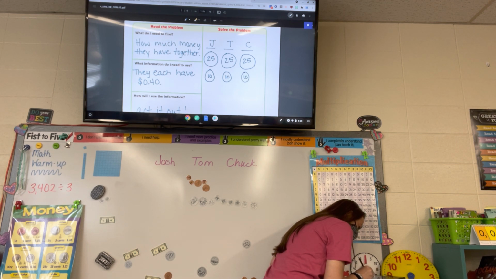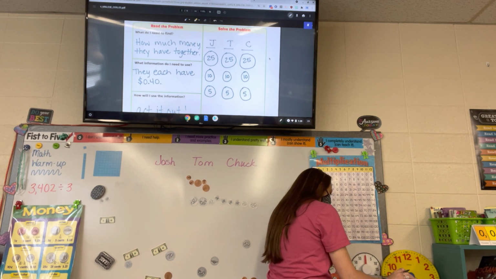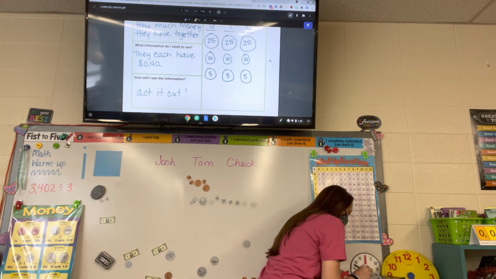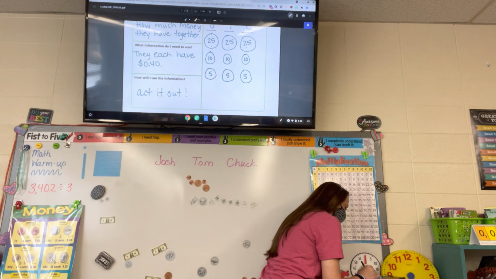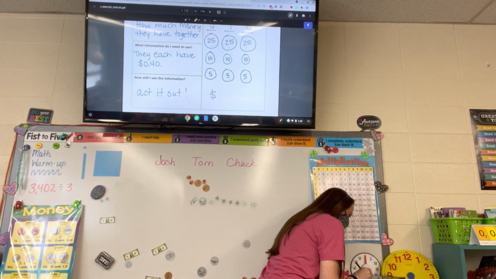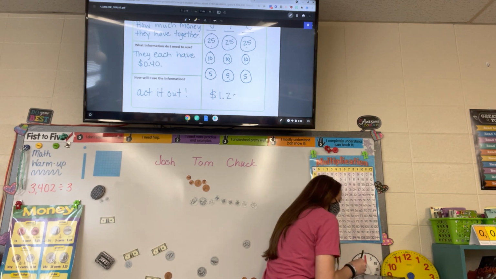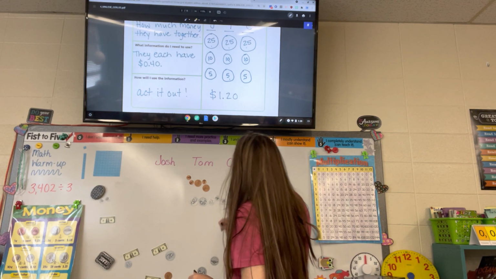And then nickels will be in the middle size. Smaller than the quarters, but bigger than the dimes. Dimes are small. So all together, when we count this way, 25, 50, 75, 85, 95, $1.05, $1.10, $1.15, $1.20. I modeled it differently on here.